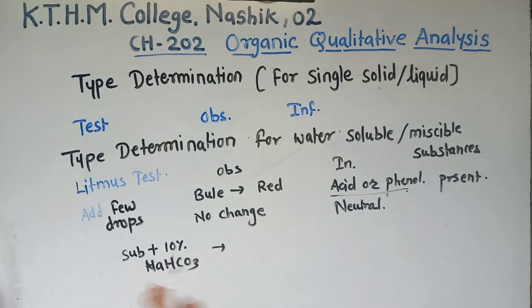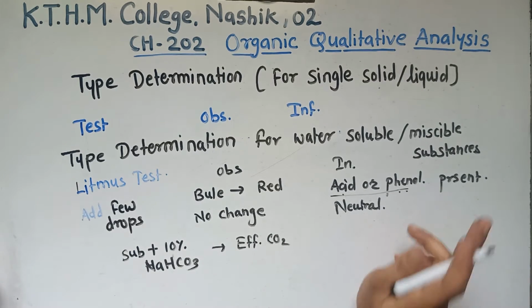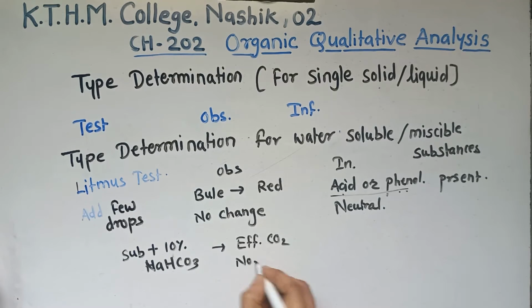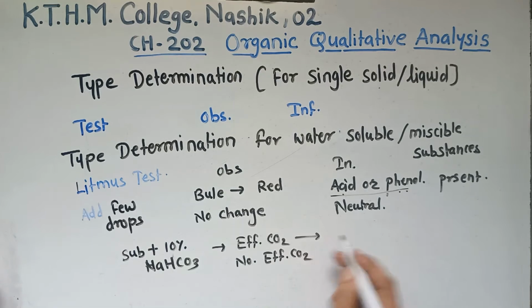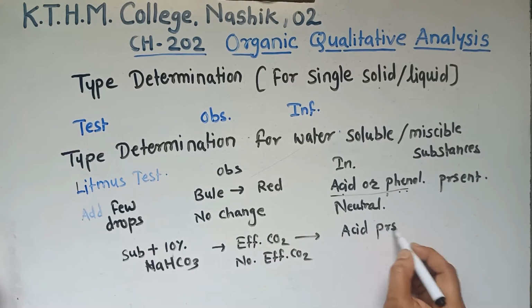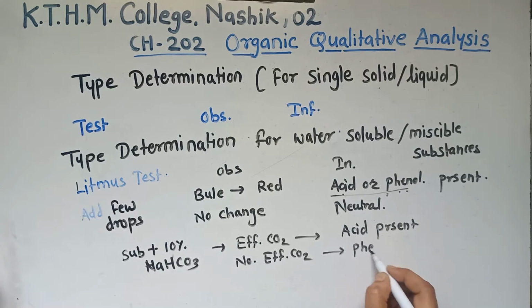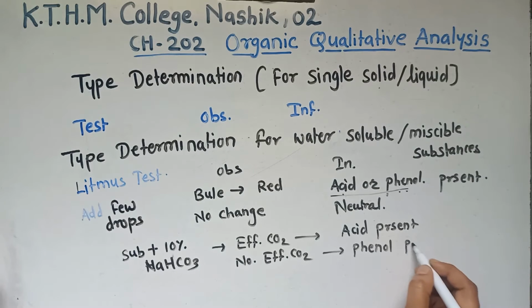If our compound is acidic, then effervescence of CO2 is observed. And if our compound is phenolic, then no effervescence of CO2 is observed. If effervescence of CO2 is observed, we conclude that acid is present, and if no effervescence, then phenol is present.